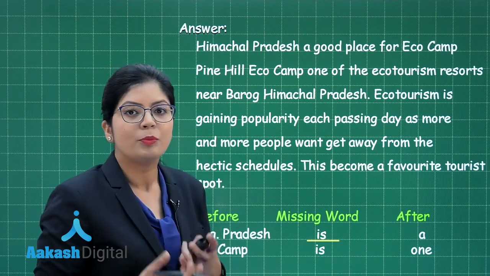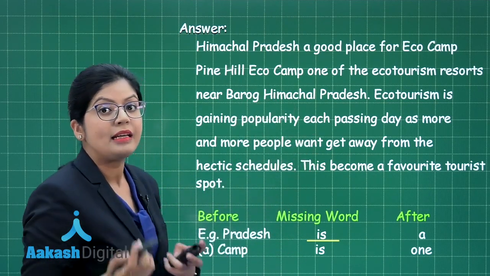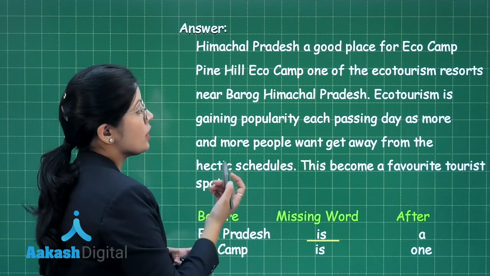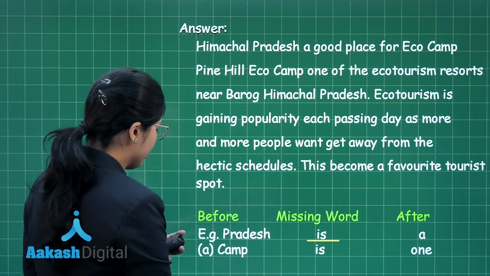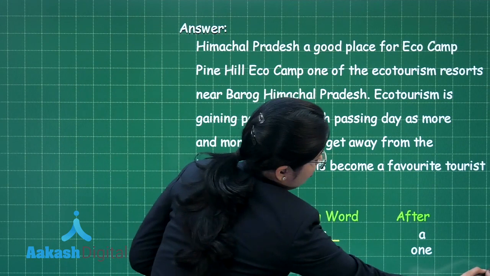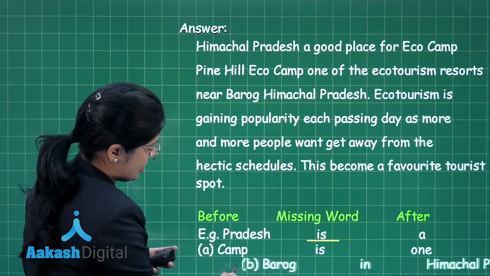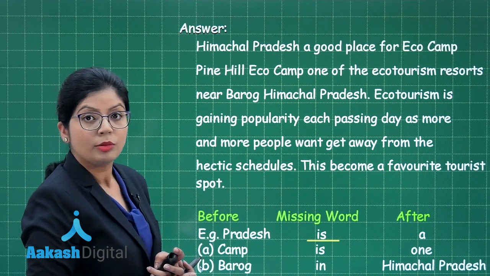It requires a preposition. This place Barog is situated in Himachal Pradesh, and thus the most appropriate response to this would be a particular preposition, and thus I can easily see Barog in Himachal Pradesh.